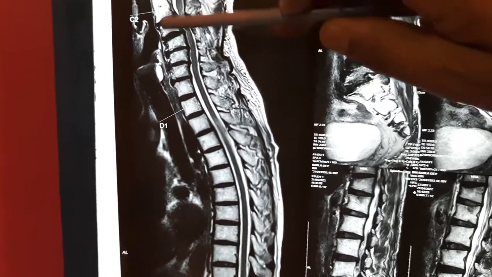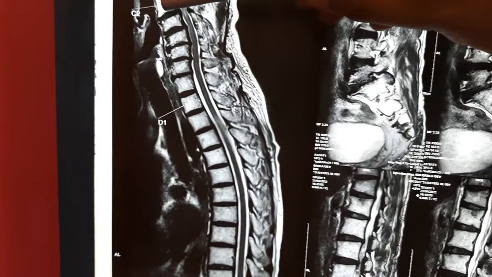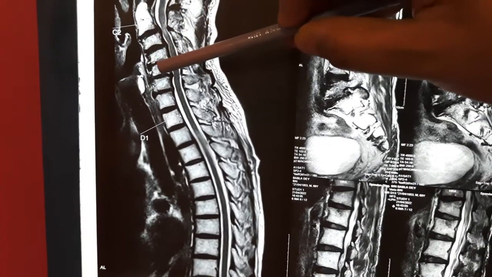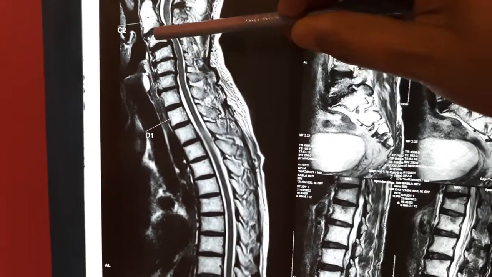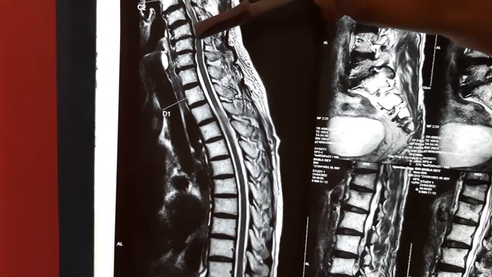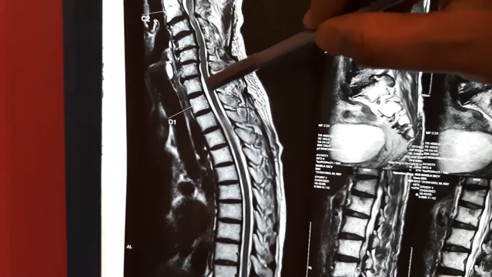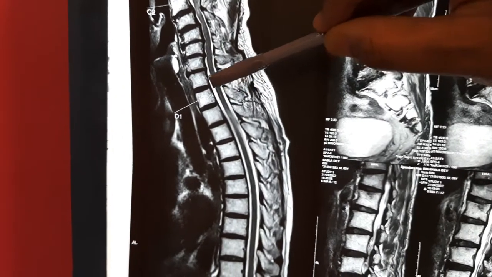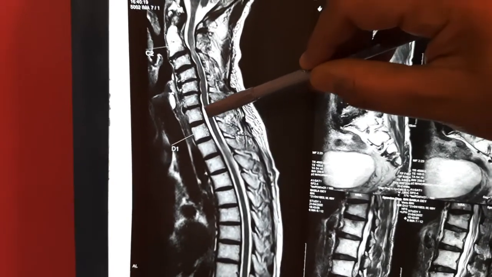These are all the vertebrae of this particular spine, the vertebral bodies. You can see the black one over here, this is where the spinal cord goes, and you can see the white spot, this is the cerebrospinal fluid.